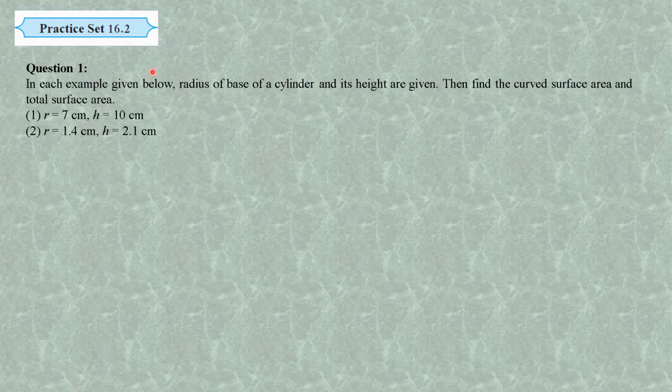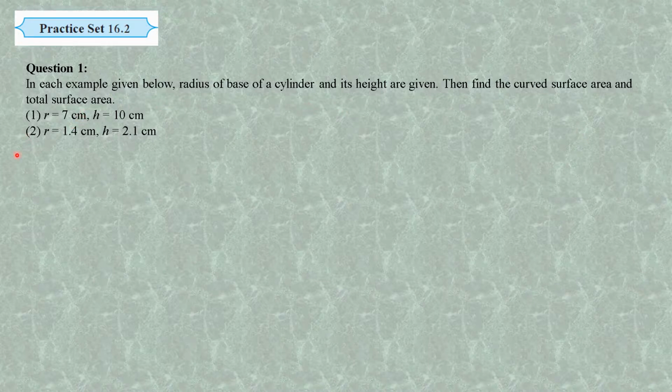Now knowing the two formulas, let us solve some sums from practice set 16.2. Question 1 says, in each example given below, radius of base of the cylinder and the height is given. Then we have to find out the curved and the total surface area.